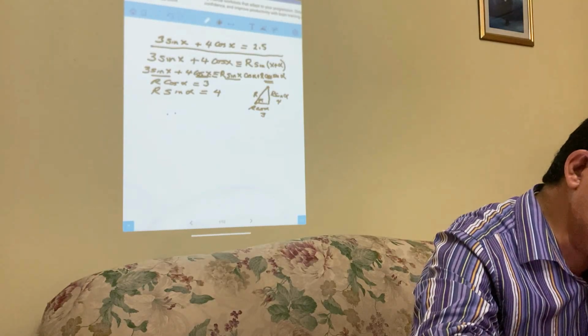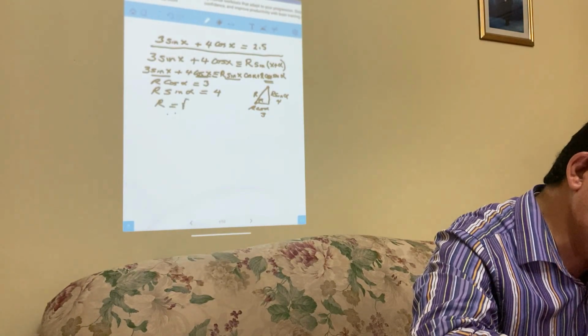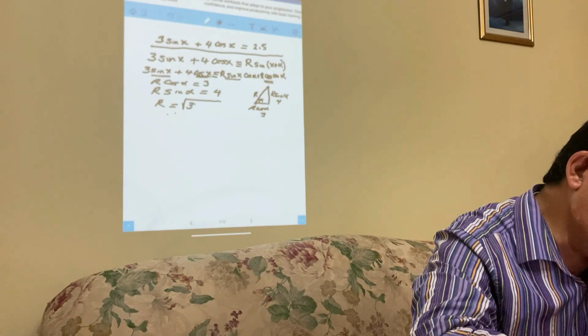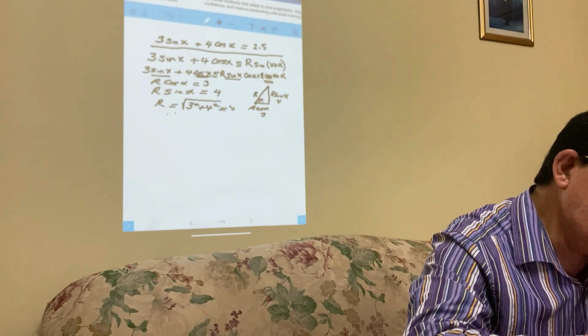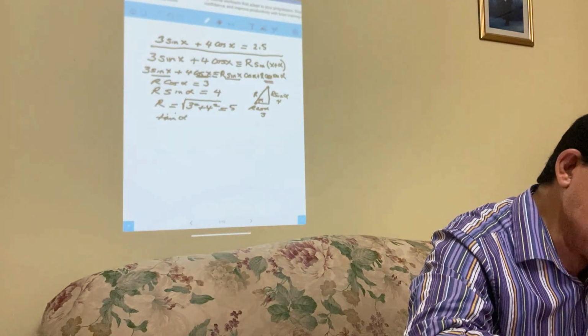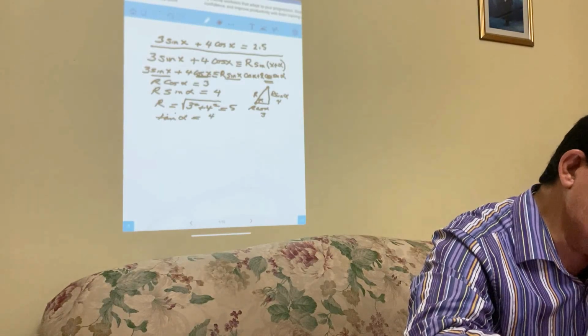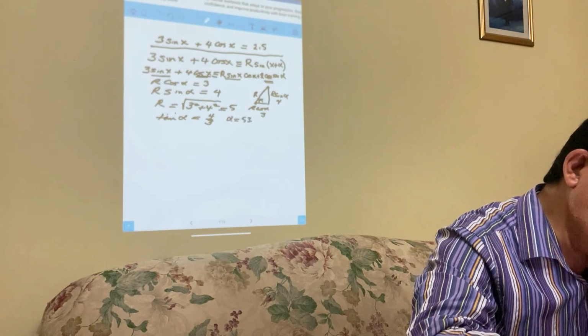Accordingly, from this triangle, we can say that r is the square root of 3 square plus 4 square, which is 5. And we can say that tan alpha equal 4 over 3. The angle alpha will be 53.1 degree.